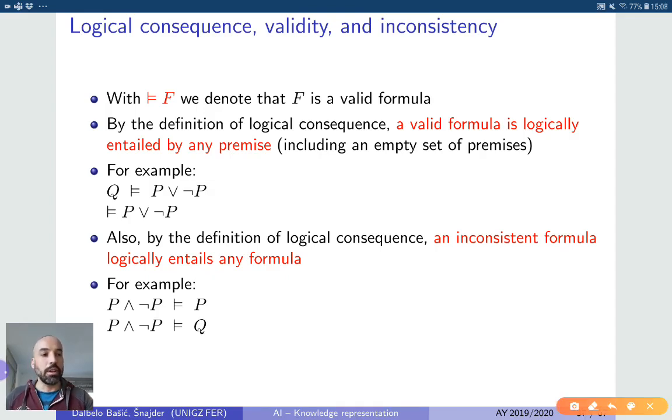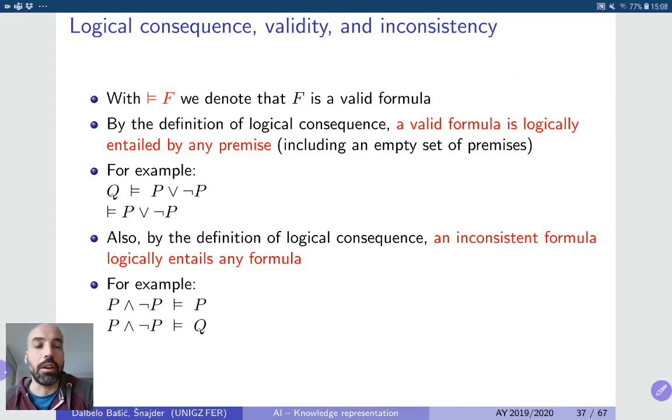I said that I will be denoting with F double turnstile G the situation where F semantically entails G, or G is the logical consequence of F. But here's another piece of notation. This here will denote that F is a valid formula. You can think of this as F being semantically entailed from an empty set of formulas. So it is true regardless of the premises.